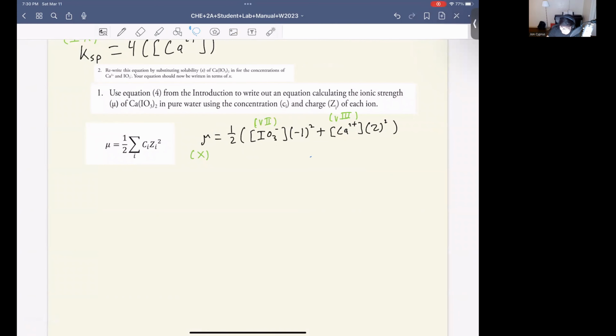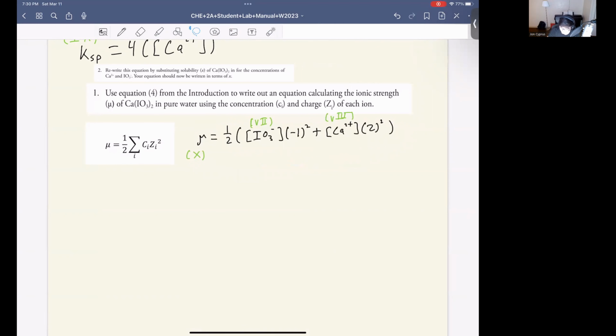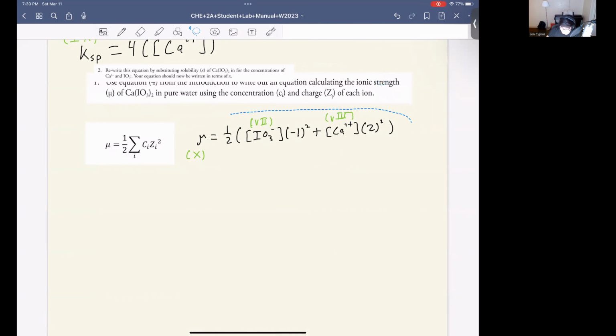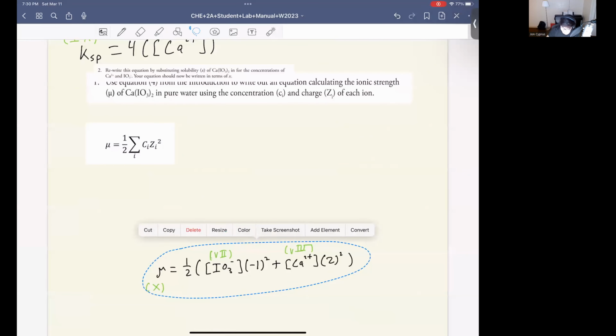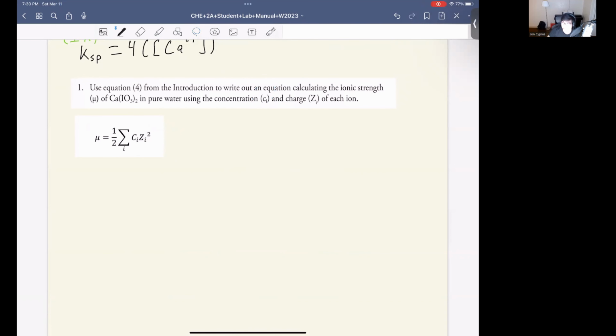So step 1 is just supposed to be, they want you to simplify it in terms of just one ion. So let me just go ahead and delete it. We'll go back over that one. So it was correct. I'm just going to write all these out in case you need it.